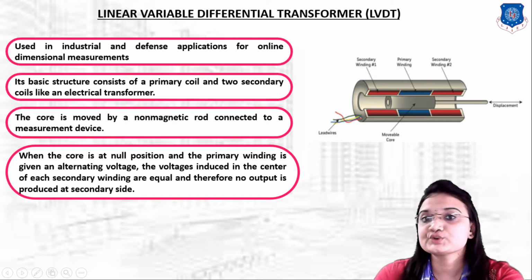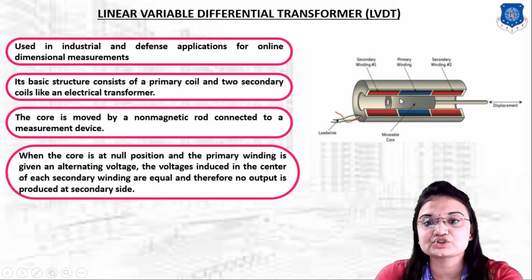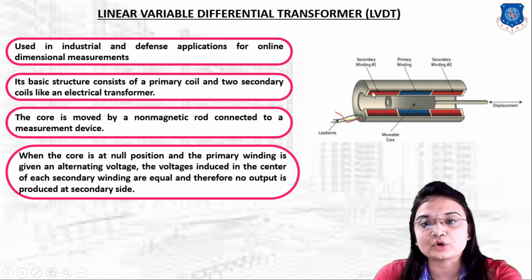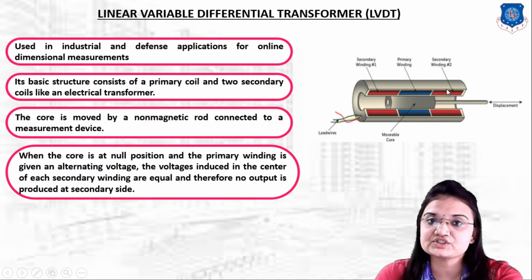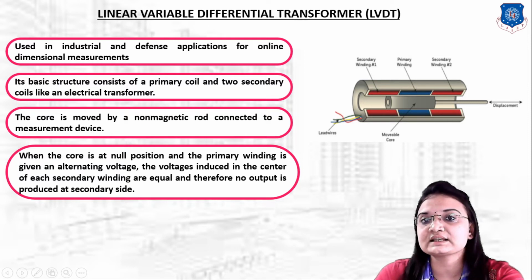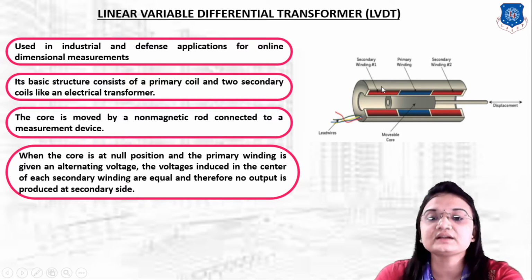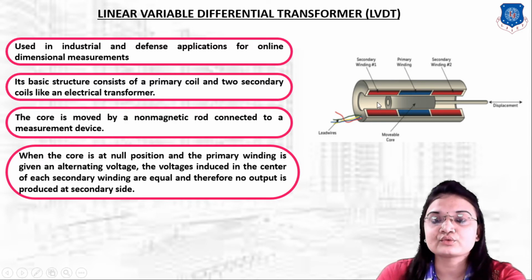You can clearly see in this figure that the core is at null position. So the voltage produced at the secondary windings will be the same, so we can say that the difference of the voltage of both secondary windings is zero. When the core moves left, the voltage produced at secondary winding number 1 is higher than secondary winding number 2.